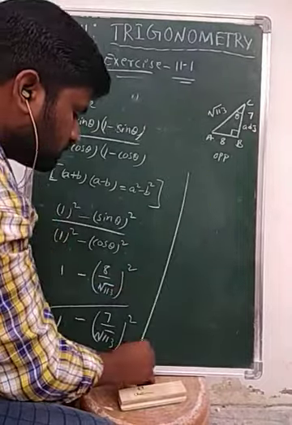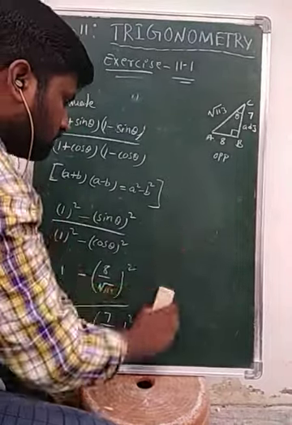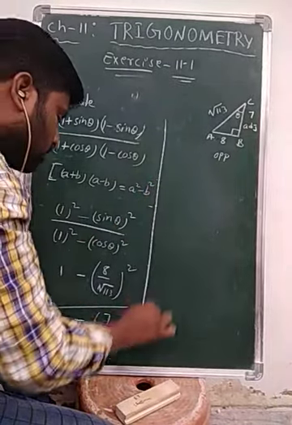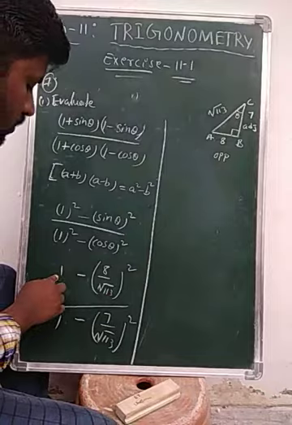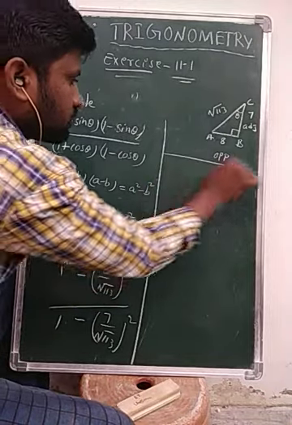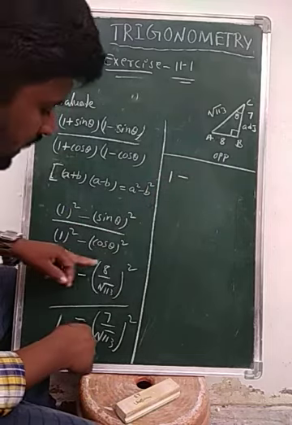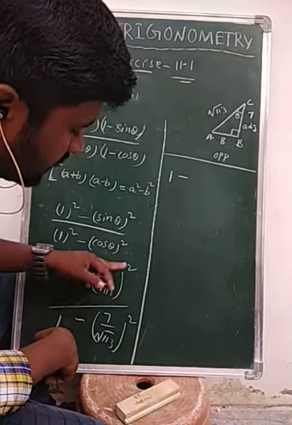Now see here, 1 means 1 only, minus 8 by root 113 whole square.